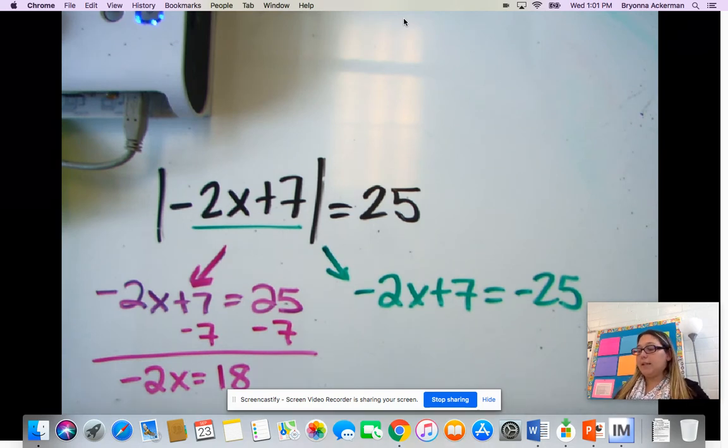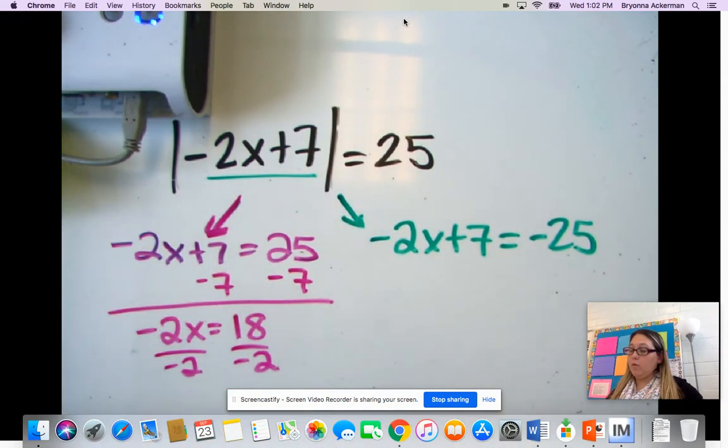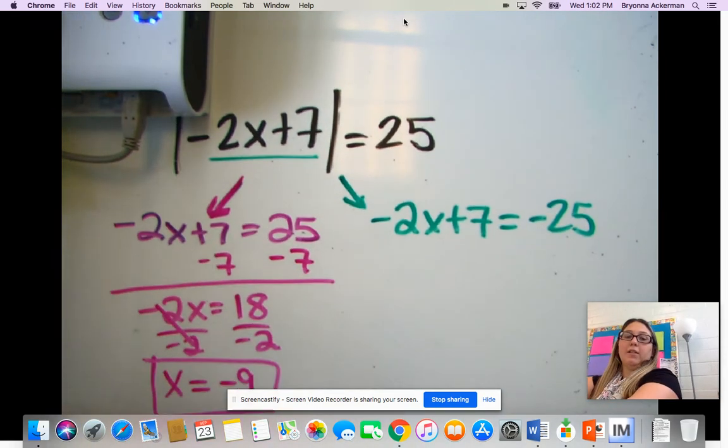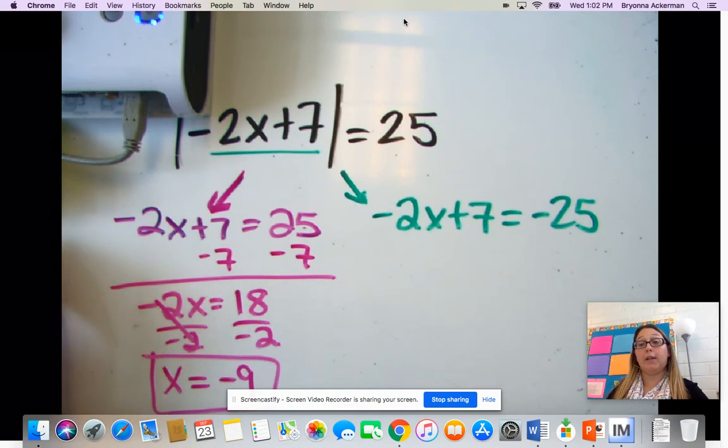Now, to isolate x, we're going to divide both sides by negative 2. And so we're left with x is equal to negative 9. We're going to save this for a minute. We're going to have to double check it to make sure it works, but we're going to go ahead and do the green case now.